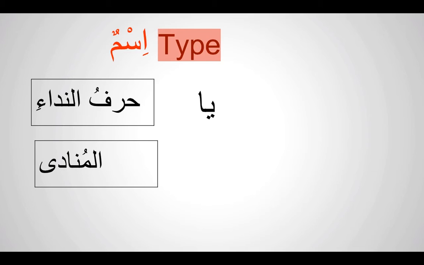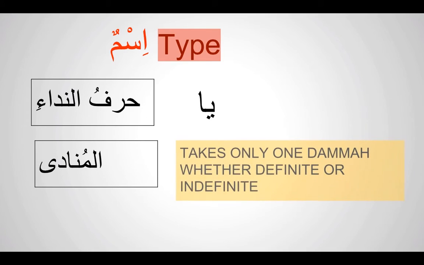There is a special characteristic of ya and munada, harfu nida and munada. Munada, whether it is definite or indefinite, always takes one dhamma, because ya makes an indefinite noun definite, but there is no al. It gives only one dhamma. Let me give you some examples.